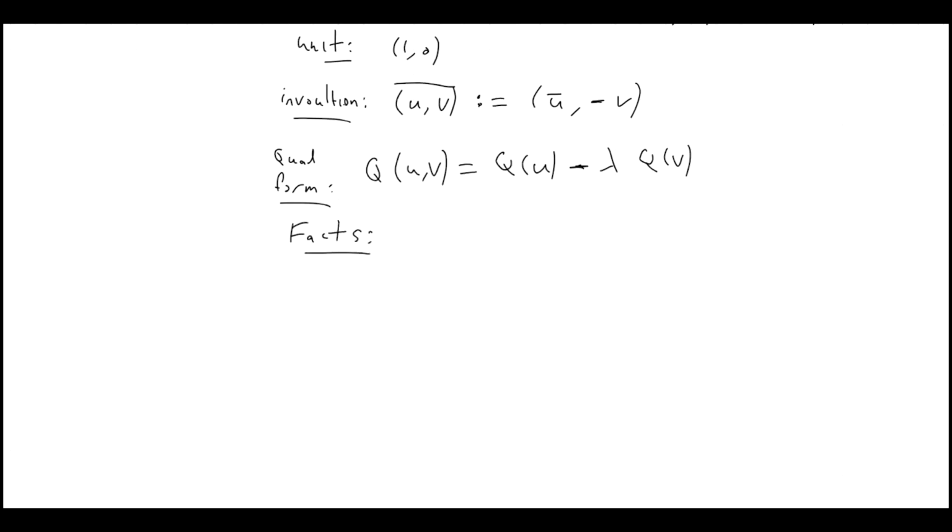First, D is associative and commutative. This happens if and only if C is associative and commutative.